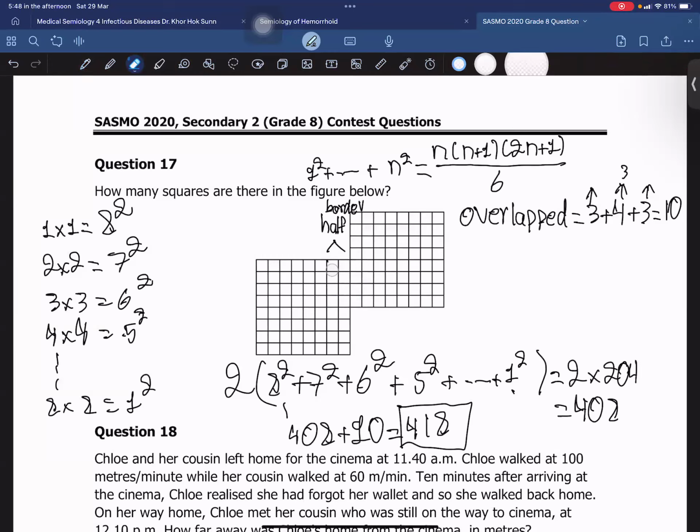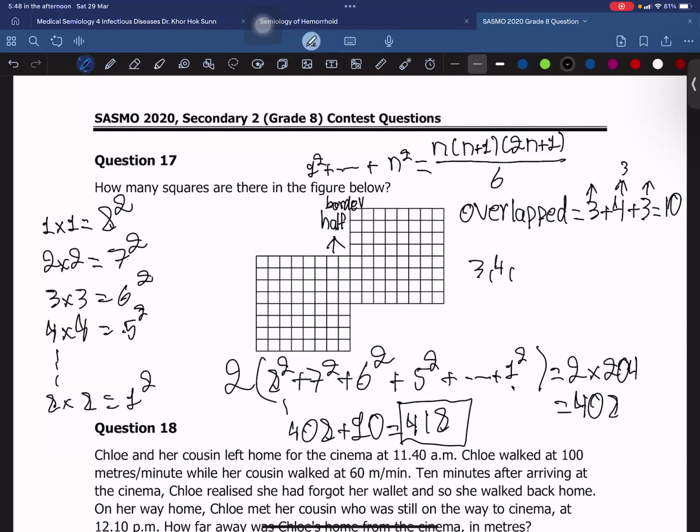And we have 3, 4, and 5, right? Earlier. Oh, no, not 5. 2. So the 2, we already counted in here, like this. We already counted, so we cannot do that.